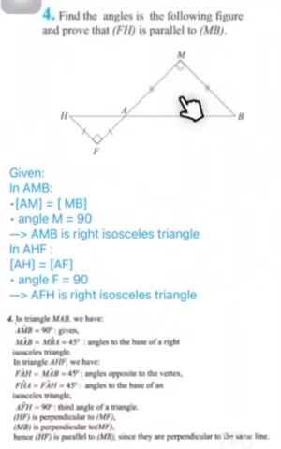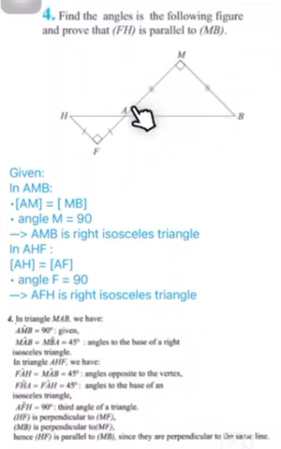In this triangle AMB, because it's right isosceles and angle M is equal to 90 degrees, these two angles, this angle and this angle, must be equal, because we have an isosceles triangle.